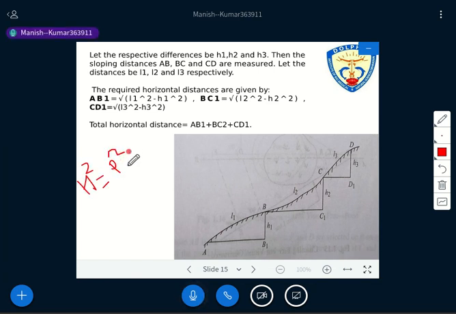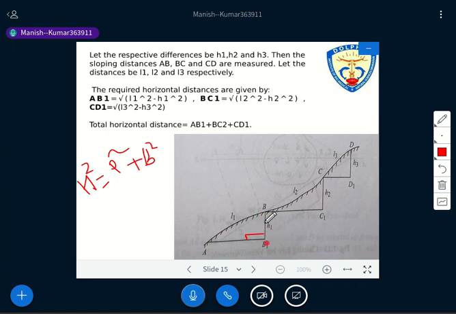We know this formula, isn't it? If we consider this triangle, this is 90 degrees. So this is the hypotenuse, this is the base, and this is the perpendicular.